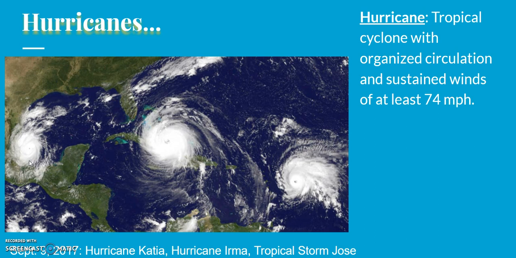These two have sustained winds of at least 74 miles an hour, therefore they are hurricanes. And this one is still only classified as a tropical storm. You can go into the National Hurricane Center archives and look at these storms if you want to, because they're all from 2017.